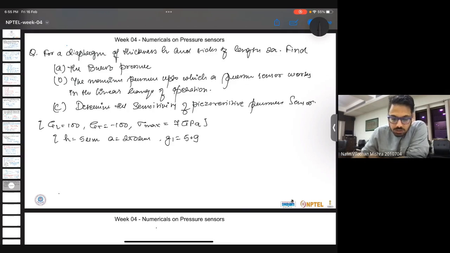I don't think you need G2 because only the linear range of operation is required.